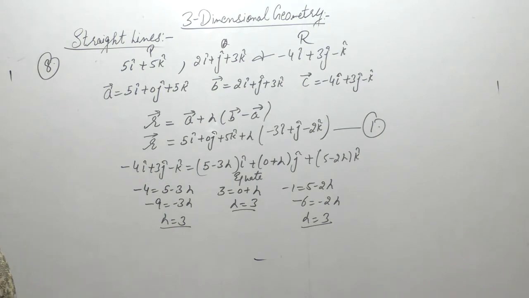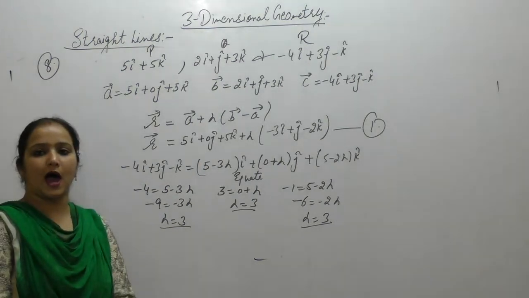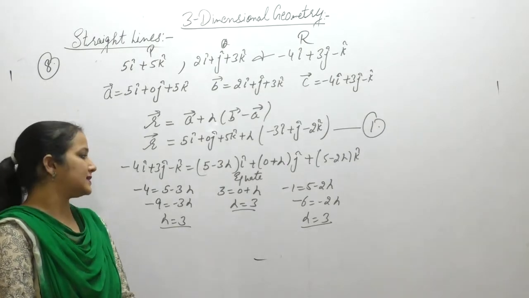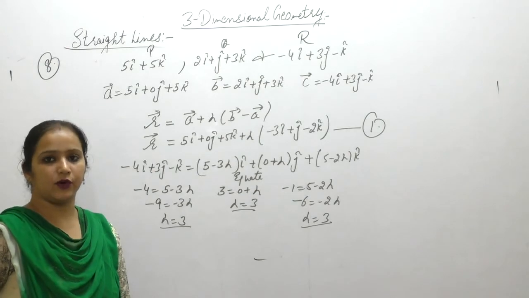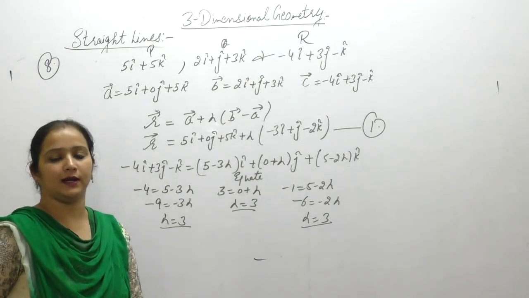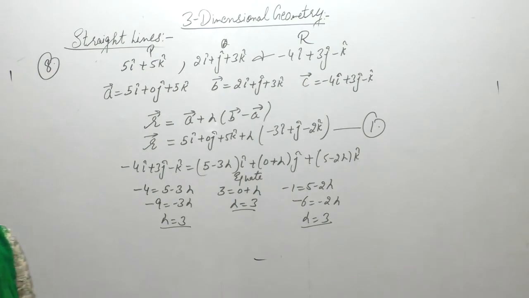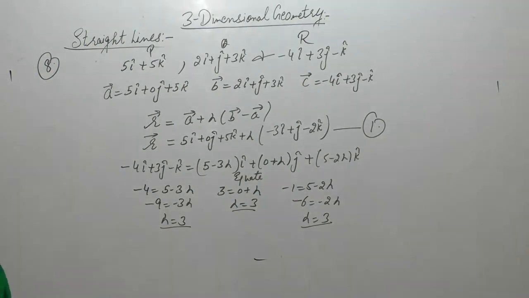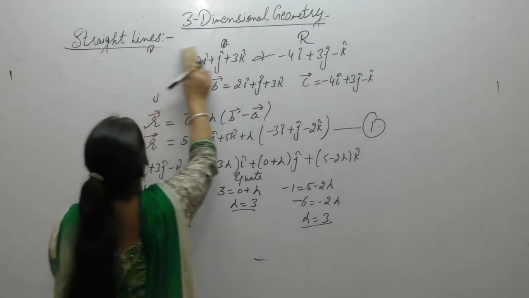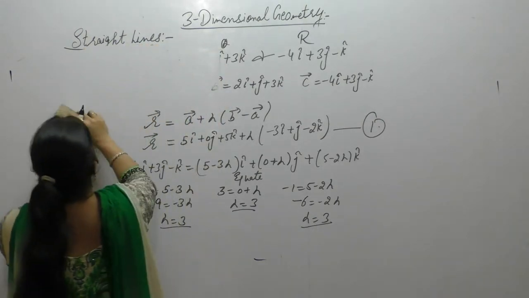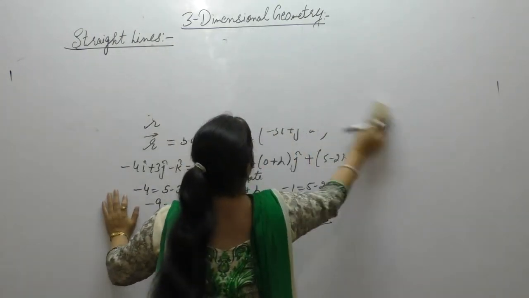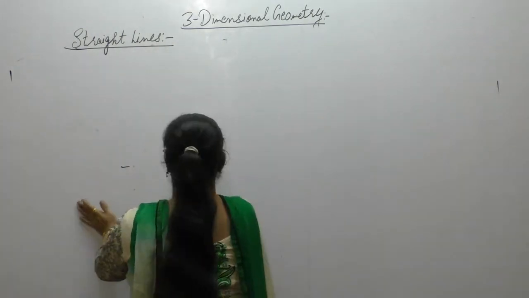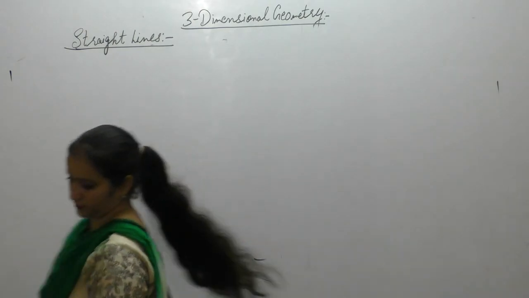Therefore, the points P, Q, R are collinear. Now next one.